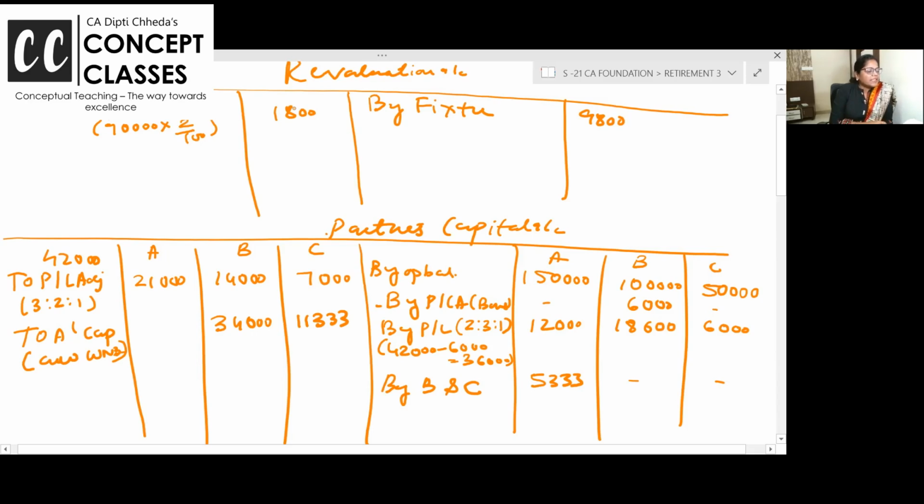And the remaining assets were to be taken at their book value. Okay. I am not writing the value in the balance sheet because we will do it once more after A is retired. So revaluation is over.